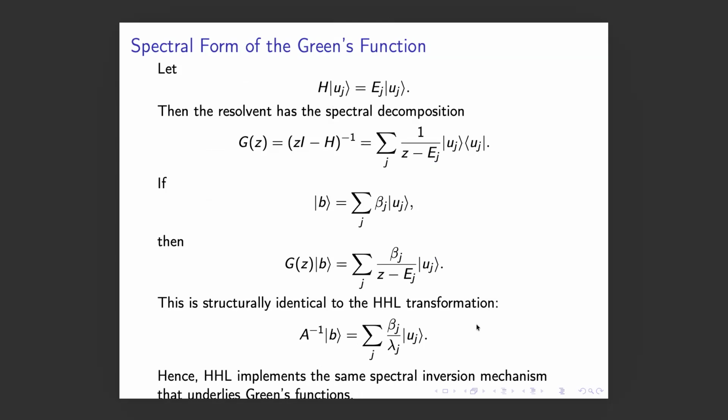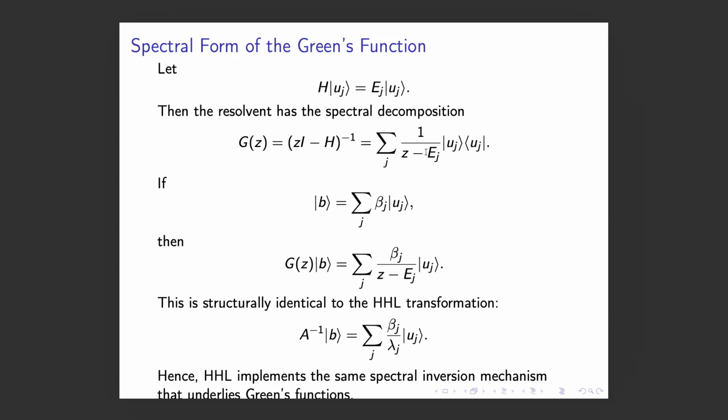So this is just one way of viewing what we are doing. If you look at the Green's function, if you think of the spectral form of the Green's function, this is the way you would write the resolvent, using a spectral decomposition. So why do I bring this up? If you think of what we did with the HHL algorithm, it is actually to start with the spectral decomposition.